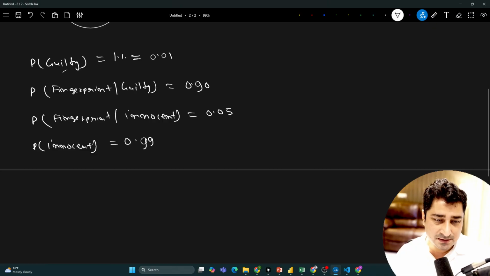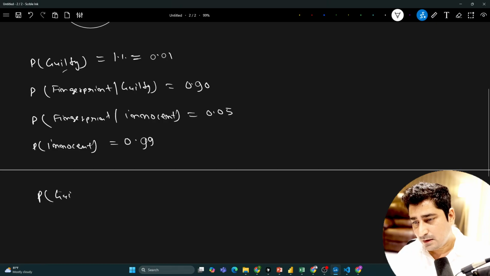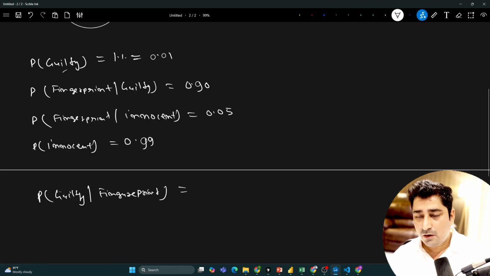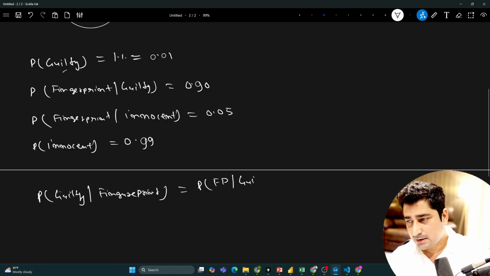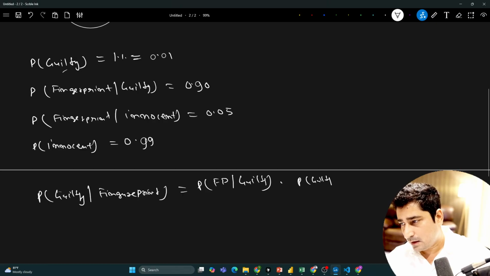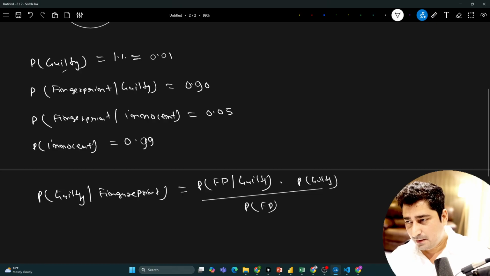Okay, 99%. Now I have to find this one: the person being guilty when I have found the fingerprint or evidence. Now what does the formula say? Probability of guilty given fingerprint equals probability of fingerprint given guilty, times probability of guilty, divided by probability of the fingerprint, the total evidence.